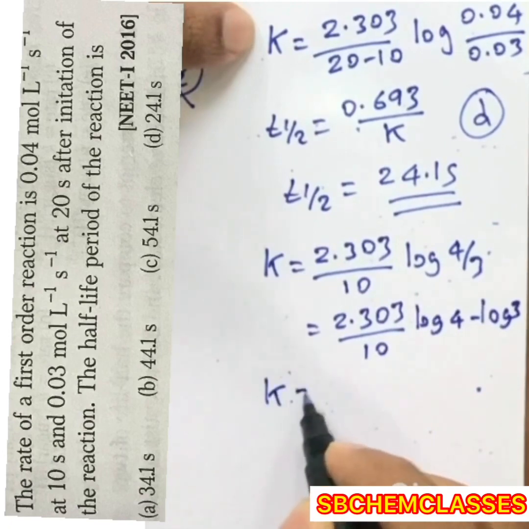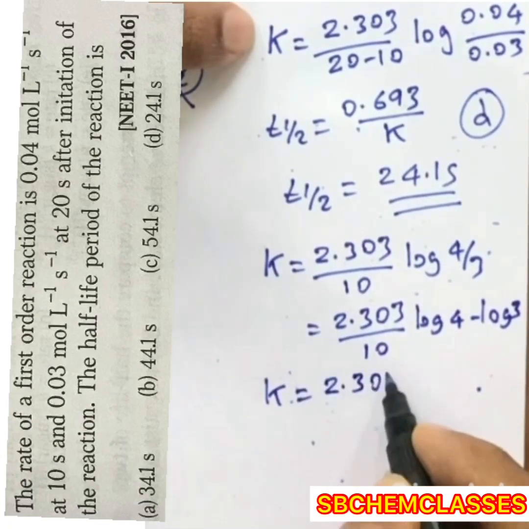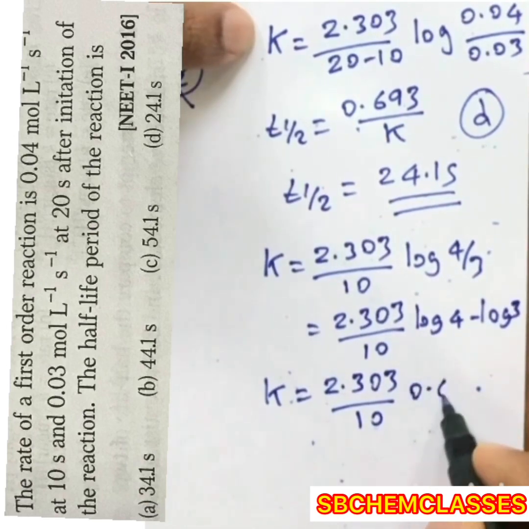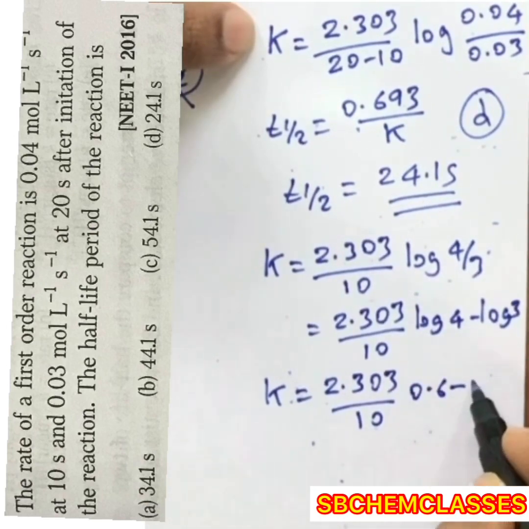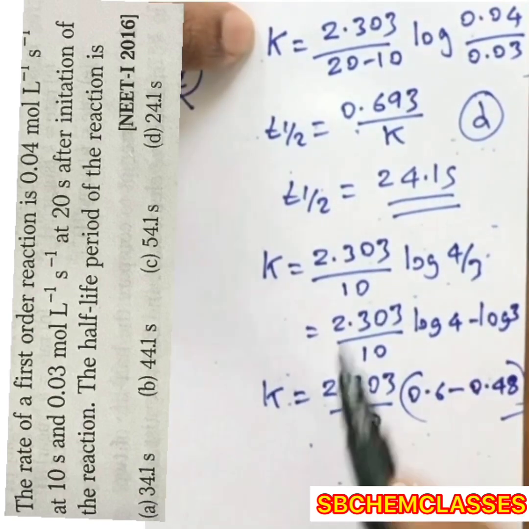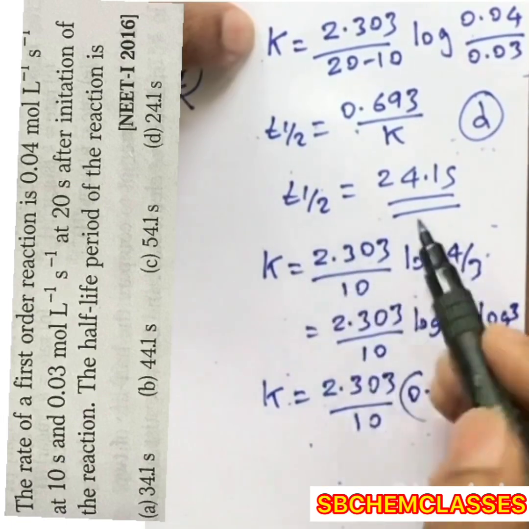K equals 2.303 by 10, log 4 has value 0.6, log 3 has value 0.48. So we will get the K value, and so T half can be calculated.